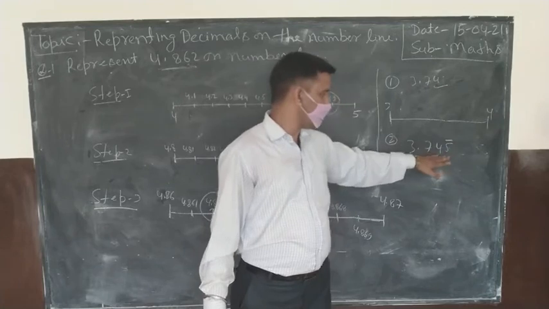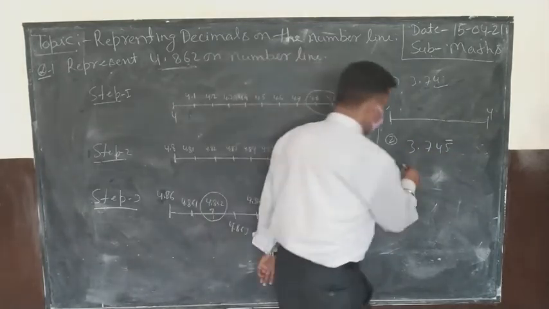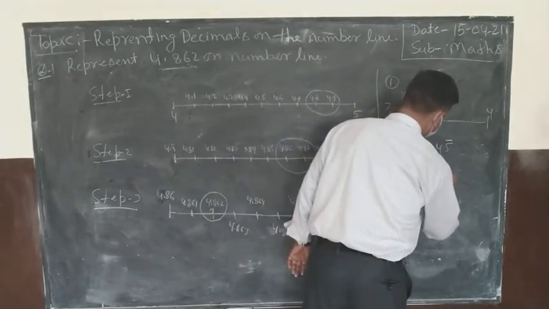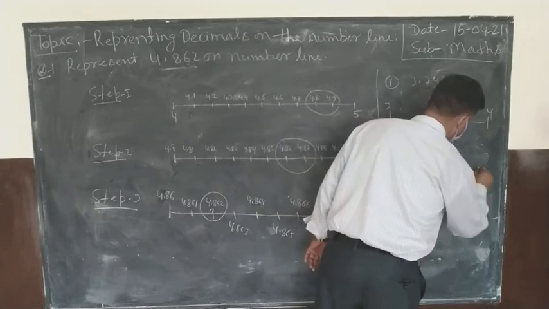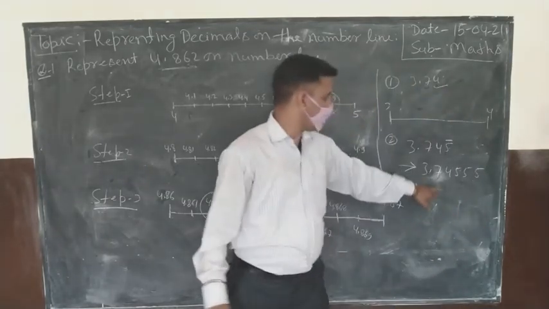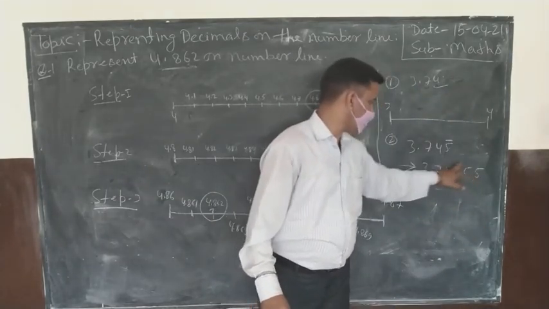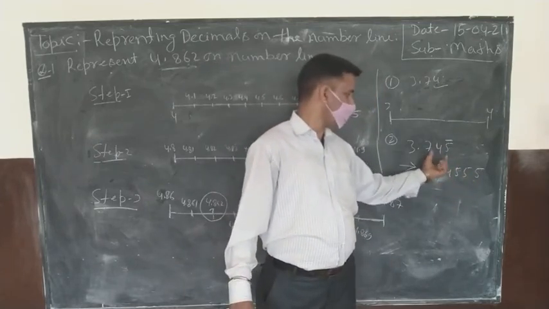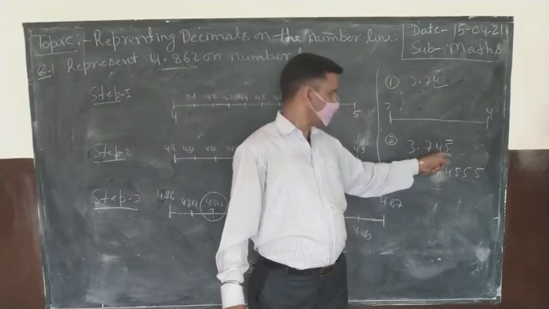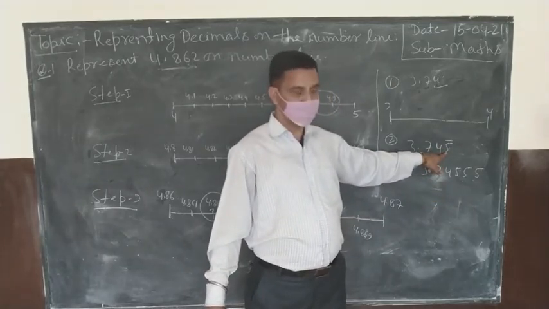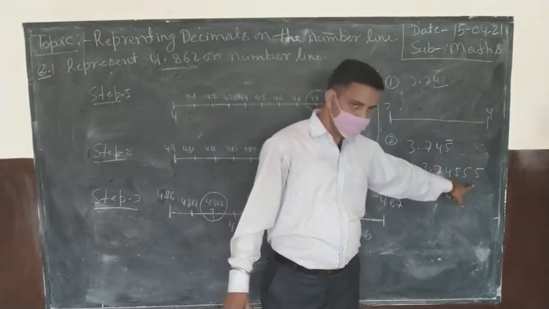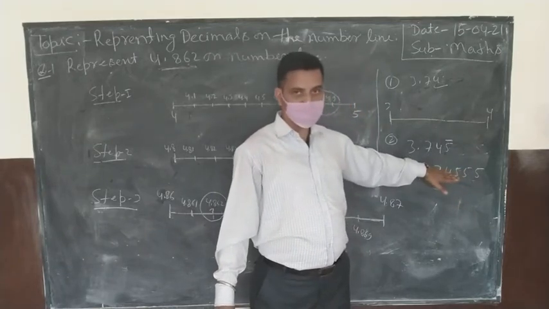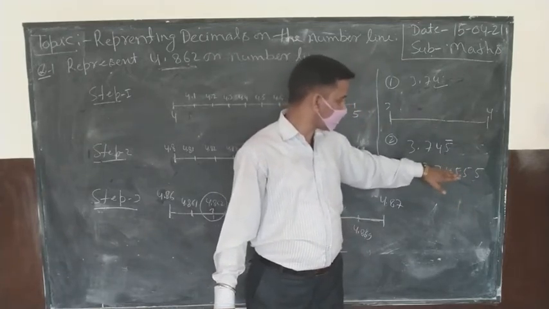Suppose you require 3 places and 4 places, 3.74555. How many places are required here? 1, 2, 3, 4, 5 places, then you write in this way. The condition is given in the question, how many places are required. So suppose the question is in bar form, then we write in this form according to the given conditions, how many steps are required here.